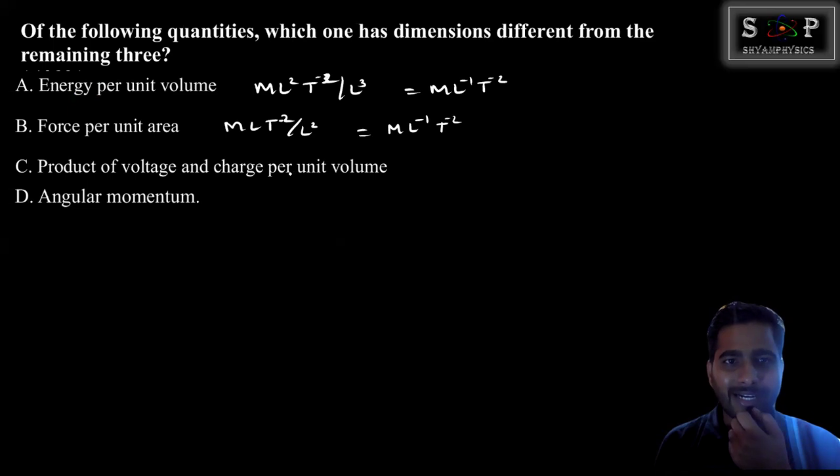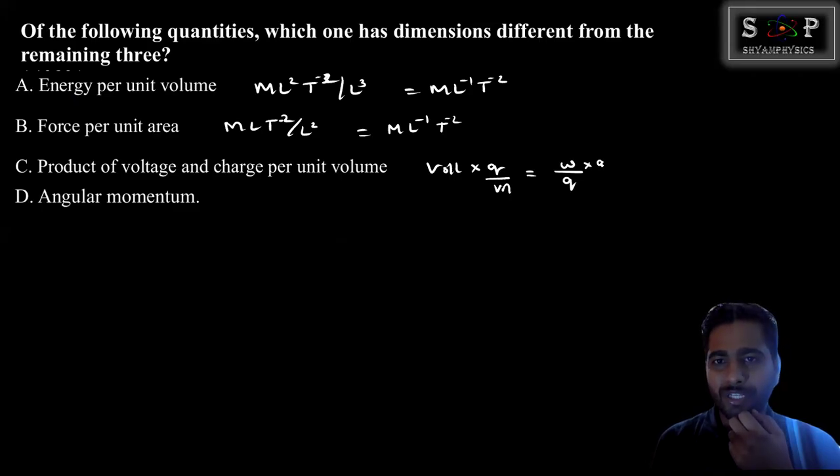Product of voltage and charge per unit volume. For voltage, work done by charge, into one more charge divided by volume, meaning L to the power 3. Charge cancels, m L 2 t power minus 2 divided by L to the power 3.